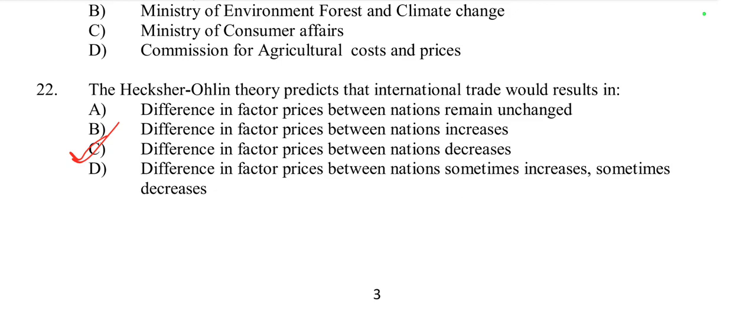This theory suggests that trade will lead to the equalization of factor prices between nations as countries specialize in the production of goods that utilize their abundant factors of production, leading to a convergence of factor prices over time. So option C is right here.